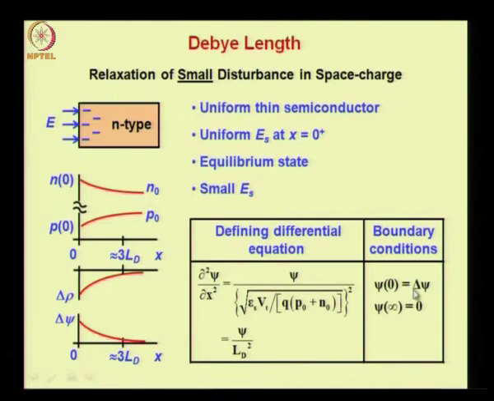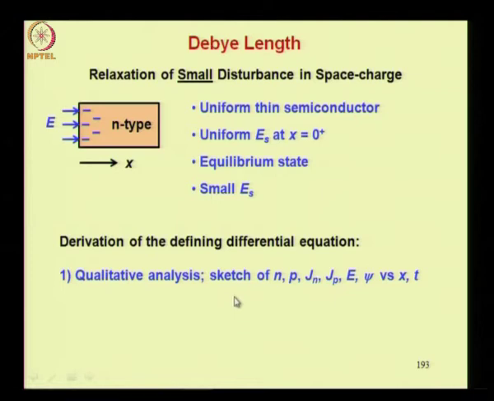So the boundary conditions here are delta psi as the potential at x equal to 0, and finally for x very large the potential goes to 0. So we are assuming a 0 reference for the potential for x tending to infinity. That is what is shown here.